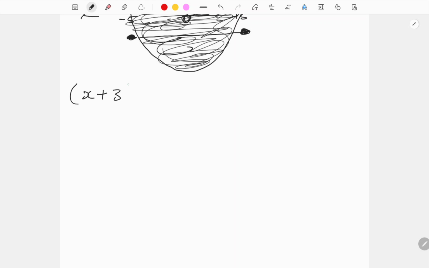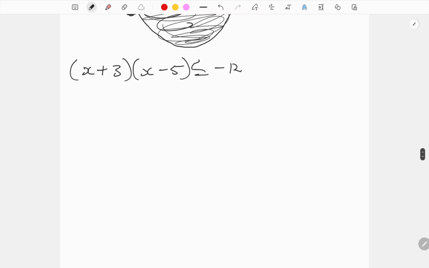x plus 3 into x minus 5 less than or equals to minus 12. Step number 1. You need this thing to be in standard form of ax squared plus bx plus c is less than or equals to 0. This is what you need. Let's go. By looking at this, we need to multiply these things out.